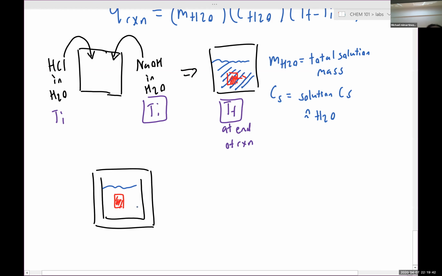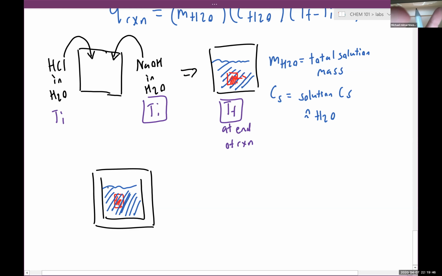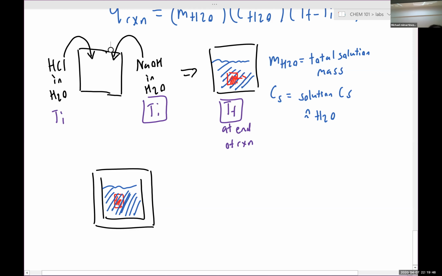So we have our metal sample, so we have our reaction in water. And our reaction is going to both exchange heat with the water and it's going to exchange heat with the surroundings. So the key point of this picture is heat is lost to the surroundings.